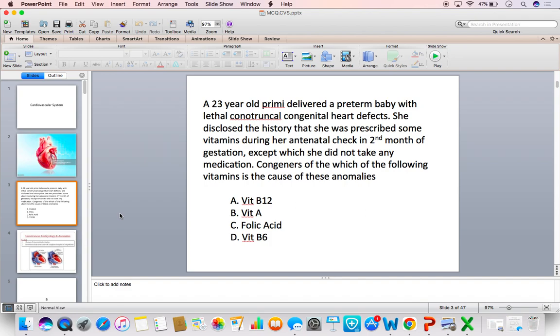Congeners of which of the following vitamins is the cause of these anomalies? Number 1, vitamin B12. Number 2, vitamin A. Number 3, folic acid. And number 4, vitamin B6. Here in this question, you see the baby is having lethal conotruncal congenital heart defects.